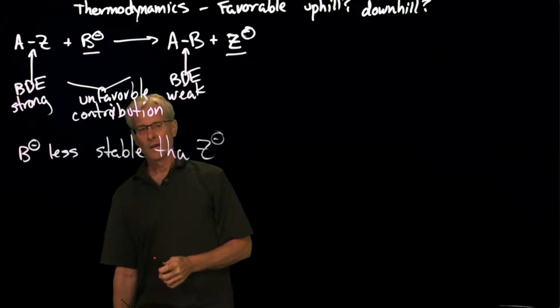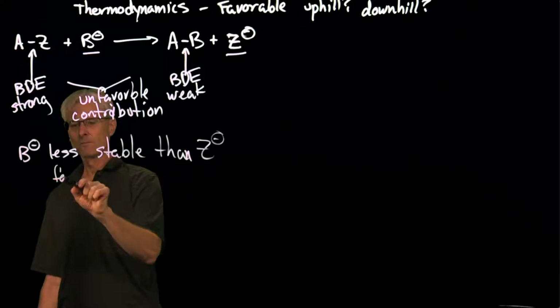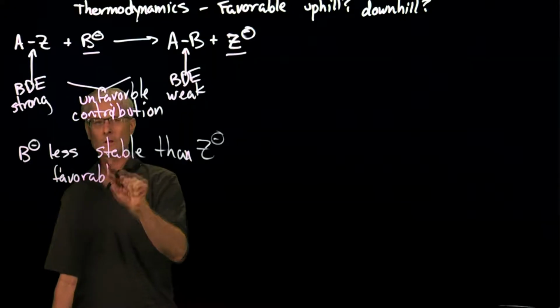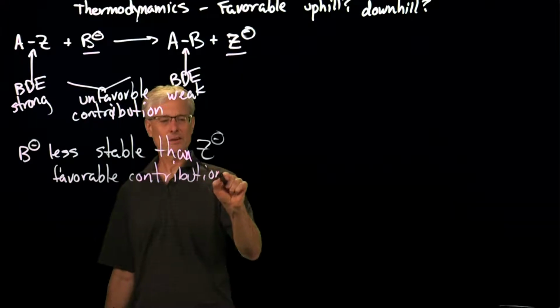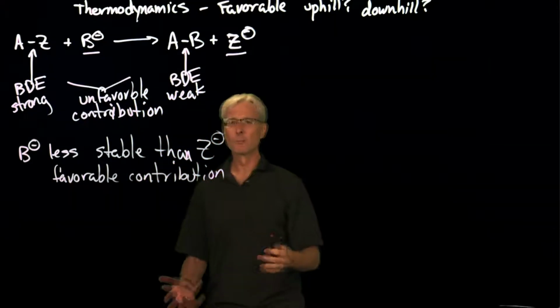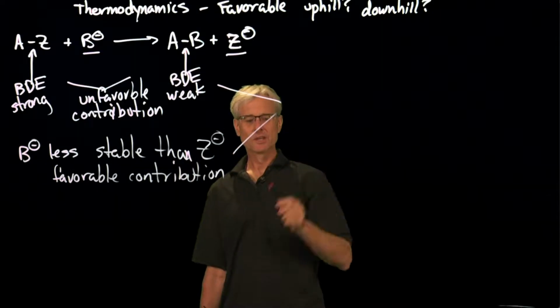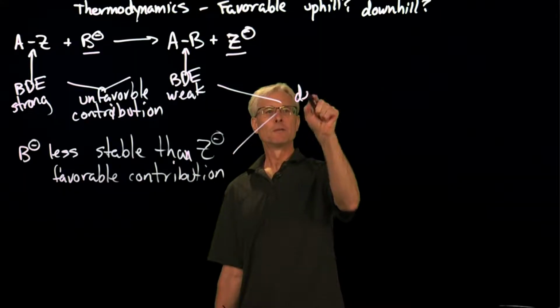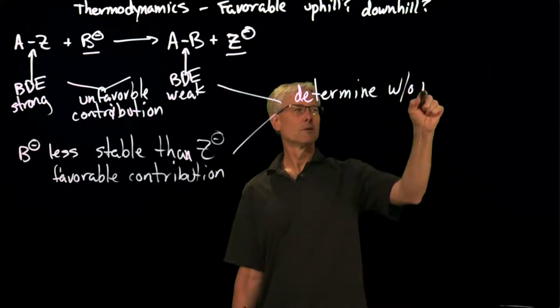Well then, that's a favorable contribution. So we have something favorable and something unfavorable about this reaction. Now these are aspects of the reaction that we might determine without numbers.